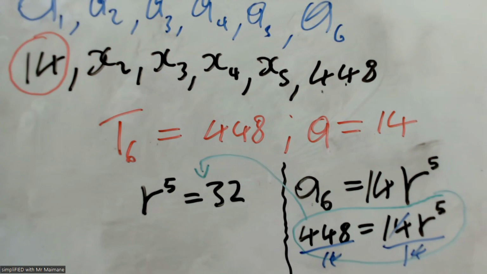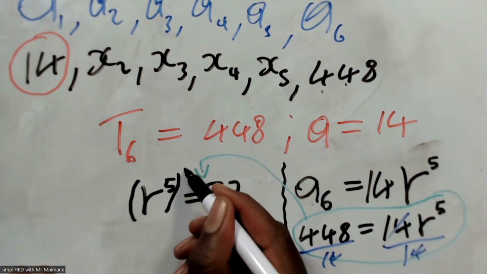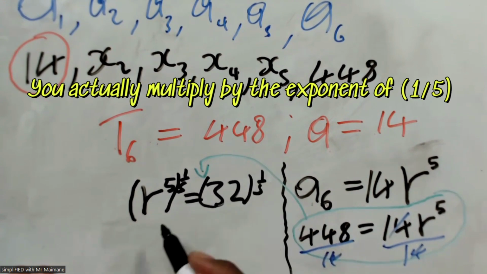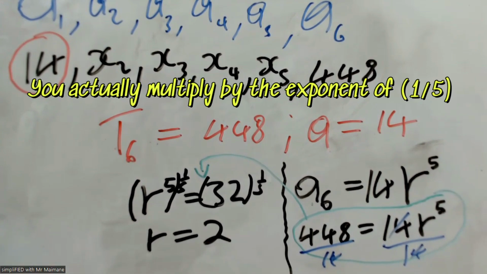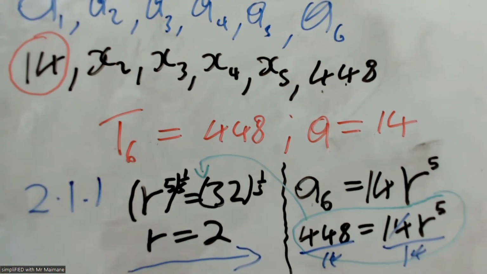And then to solve this, I just remove the exponent there, multiply by 1 over 5, therefore r will be 2. So our common ratio is 2. So this is the answer for 2.1.1. This is how we answer 2.1.1.